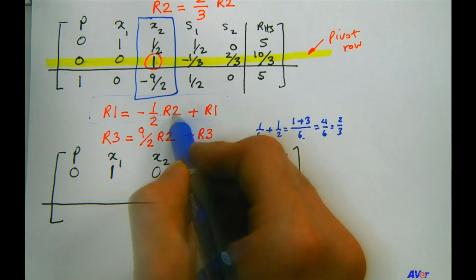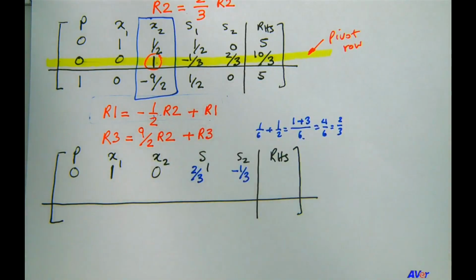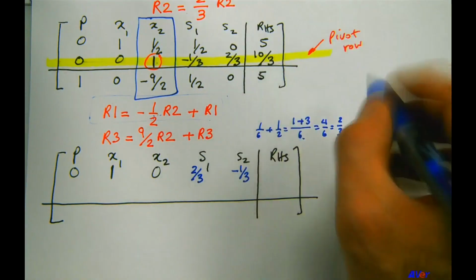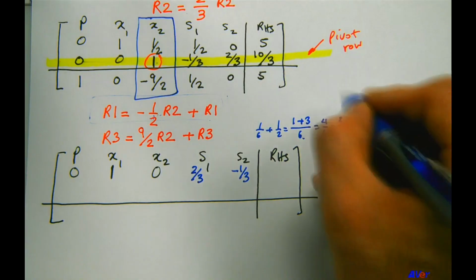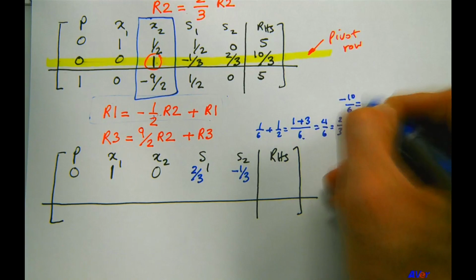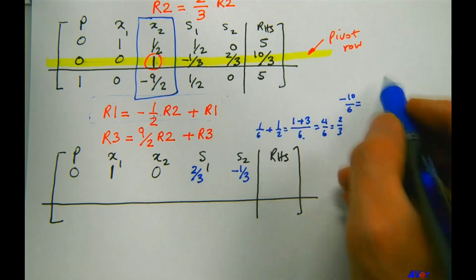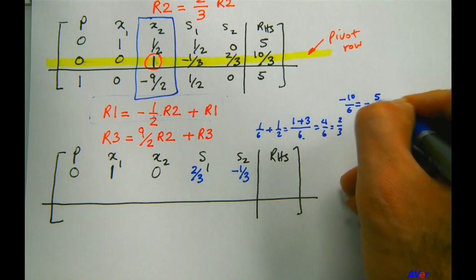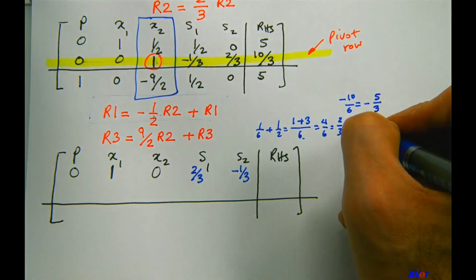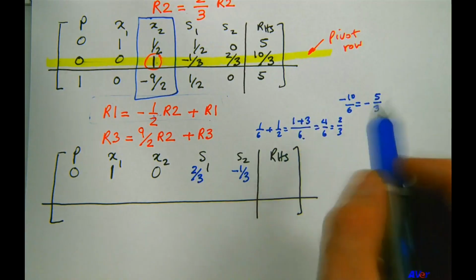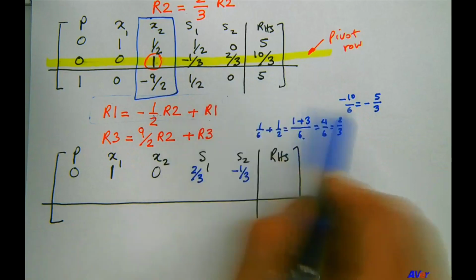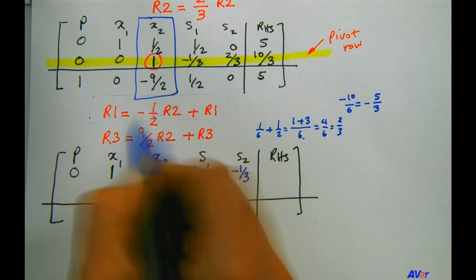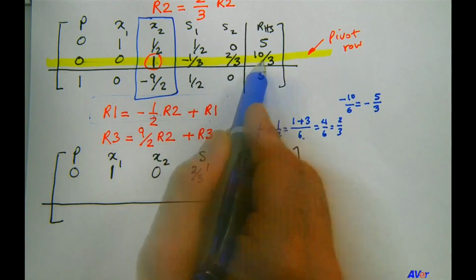Minus 1/2 times 10/3 is minus 10/6, and if you simplify that, it's minus 5/3. So minus 5/3, and that's just this piece.